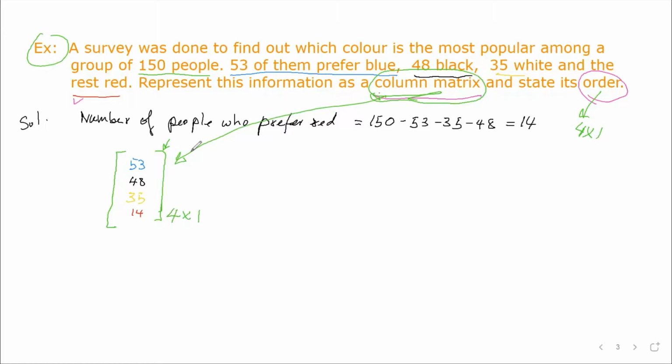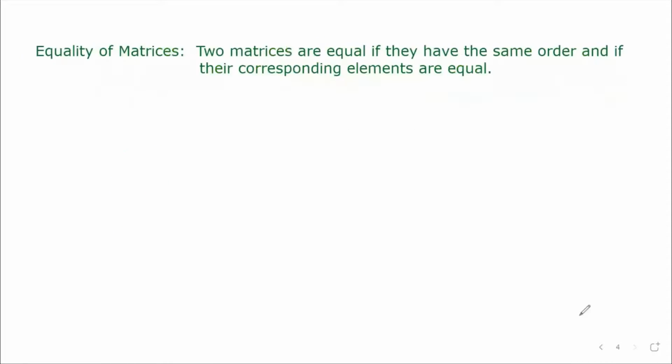Okay, so we go to the next example. No more examples, but I'm going to explain more definitions: equality of matrices. How do we say two matrices are equal? For example, if I give you a matrix, say matrix A, equal to this one.